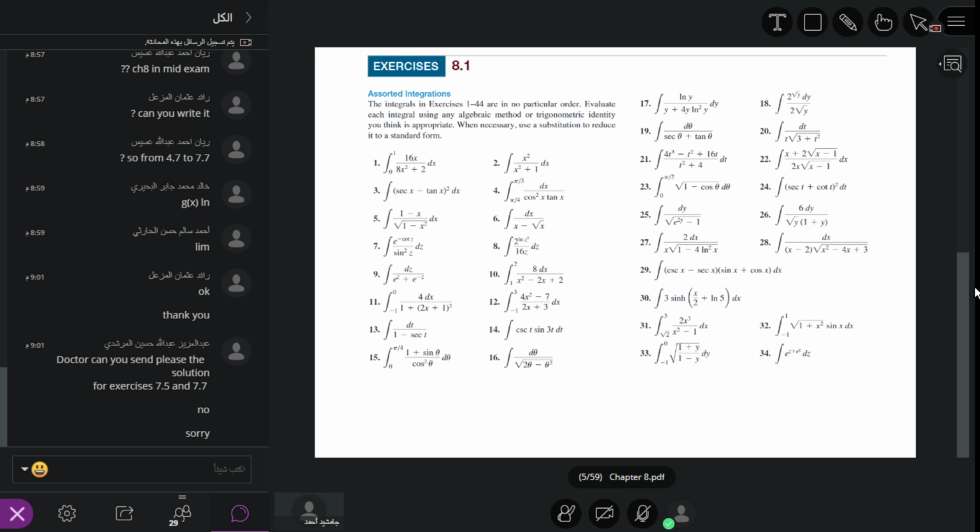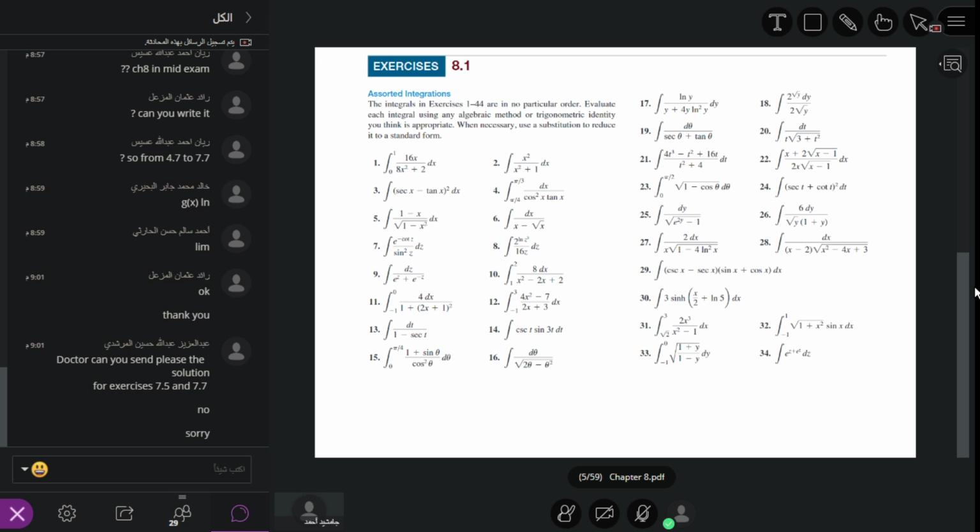Now we check whether the given function x power 3 cosine x is an odd function or an even function. For this we replace x with minus x. If we replace x with minus x, we get minus outside x power 3.